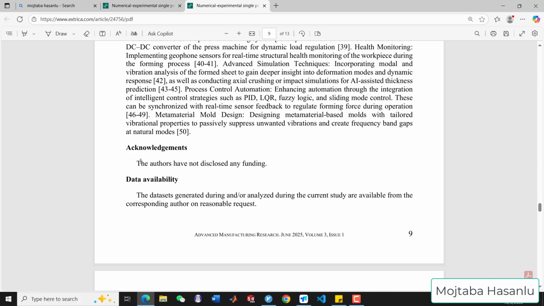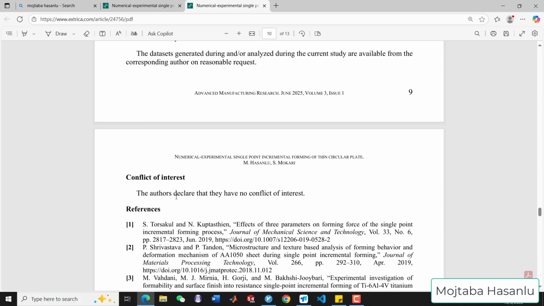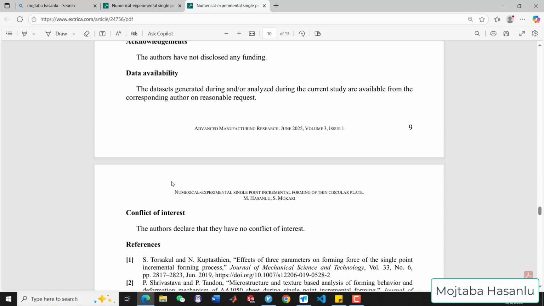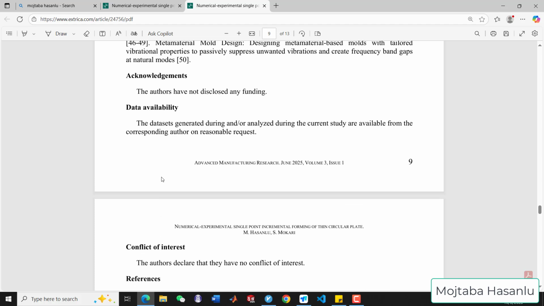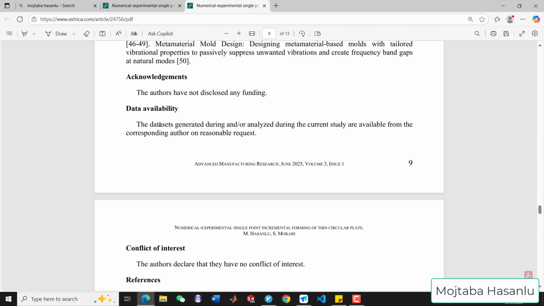As I said, there are some additional parts such as acknowledgements, data availability, or conflict of interest. So journal by journal is different. It might be that a journal must say about, for example, acknowledgement, or another one is not important, so it's optional.